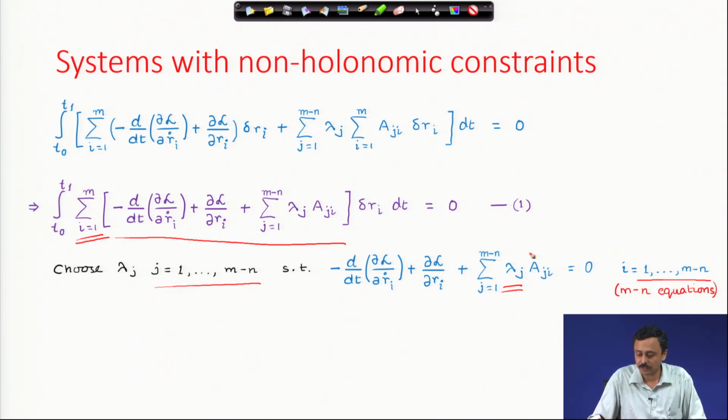That depends on the invertibility of a certain matrix, and we will assume all these good features of our constraints, that they are linearly independent, etc. Then this can be determined. I can find the lambdas so that for the first m minus n equations, the coefficients just drop out. For the rest I can choose the delta r_i's independently.